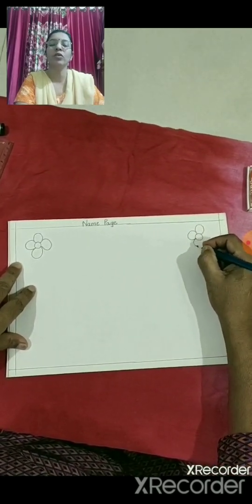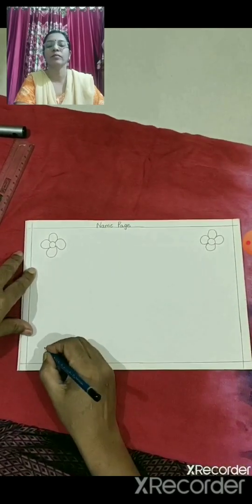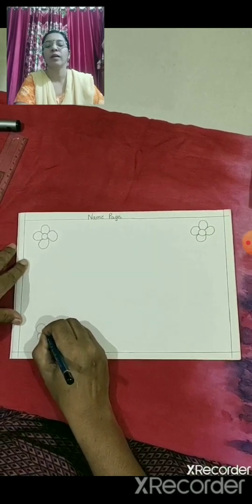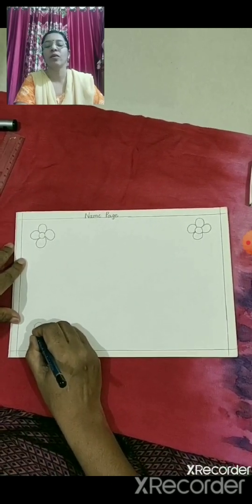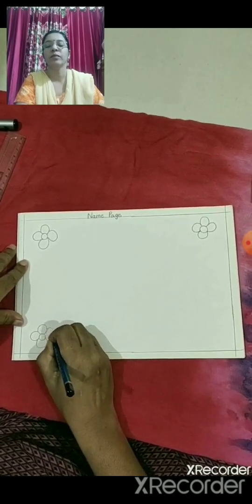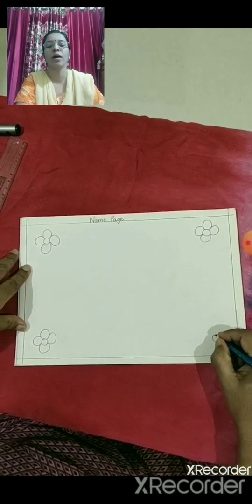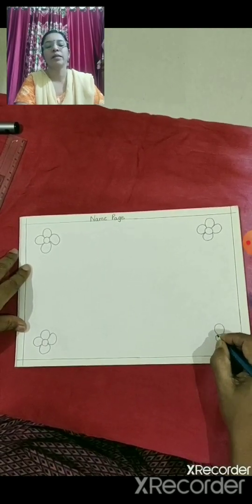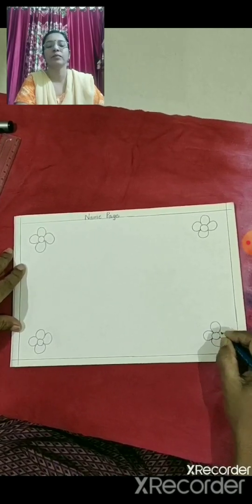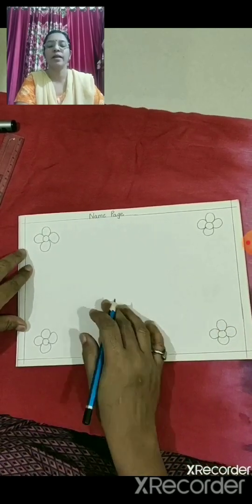All the four corners you can draw different types of flowers. Yes, one more flower in one left corner of the page. Now one more flower on the right corner of the page. Yes, so our flowers are ready.